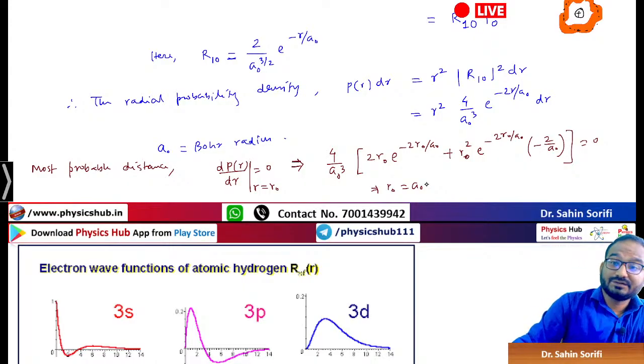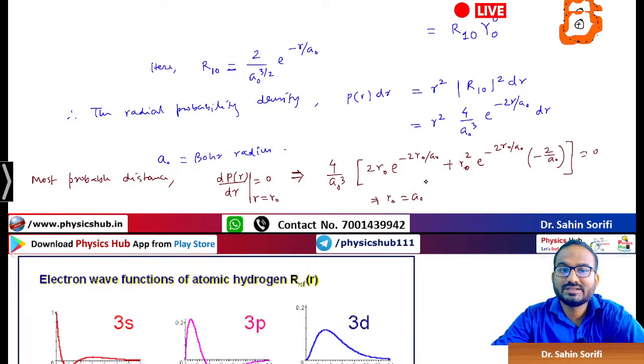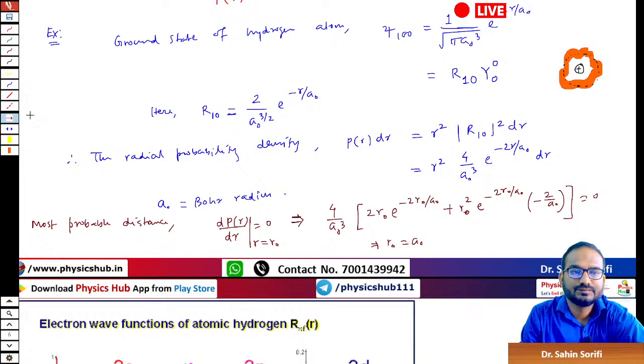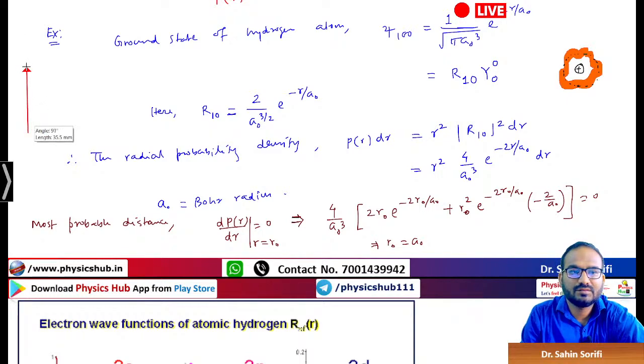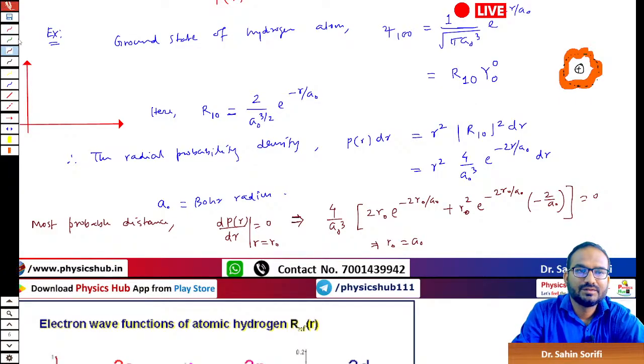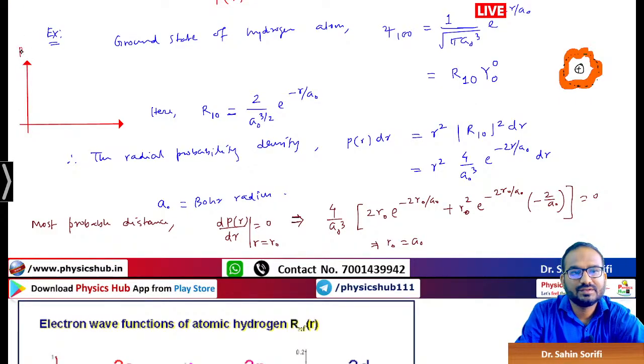You are left with r naught equal to a naught. This is the Bohr radius. So the most probable distance in the ground state is the Bohr radius. If you plot this radial probability density P of r versus r, you can see it is a function like this.